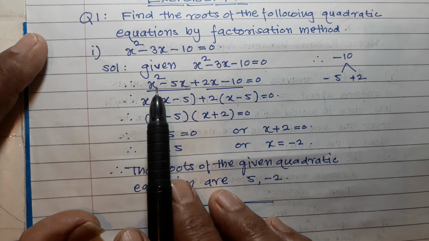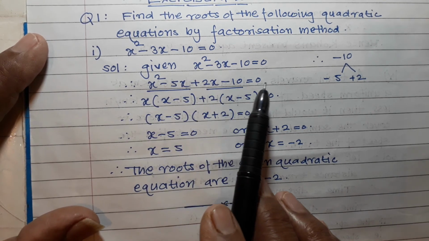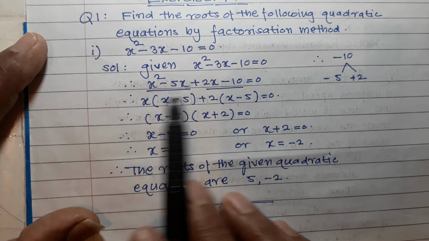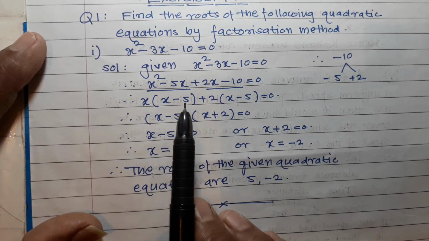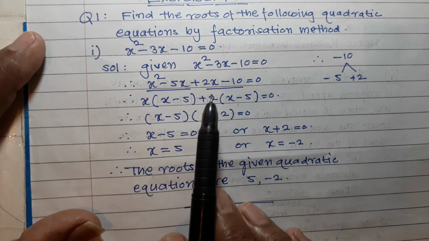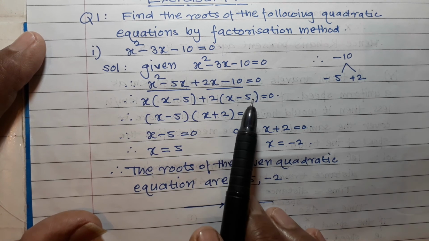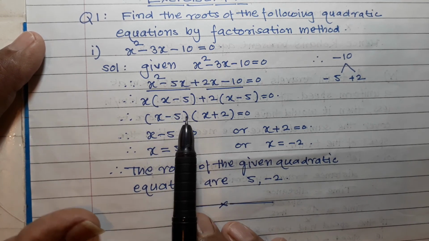And now write down x square minus 5x plus 2x minus 10 is equal to 0. Make two groups. From this group you take x common, x minus 5, plus here you take 2 common, x minus 5. X minus 5 is again common. So take x minus 5 common.